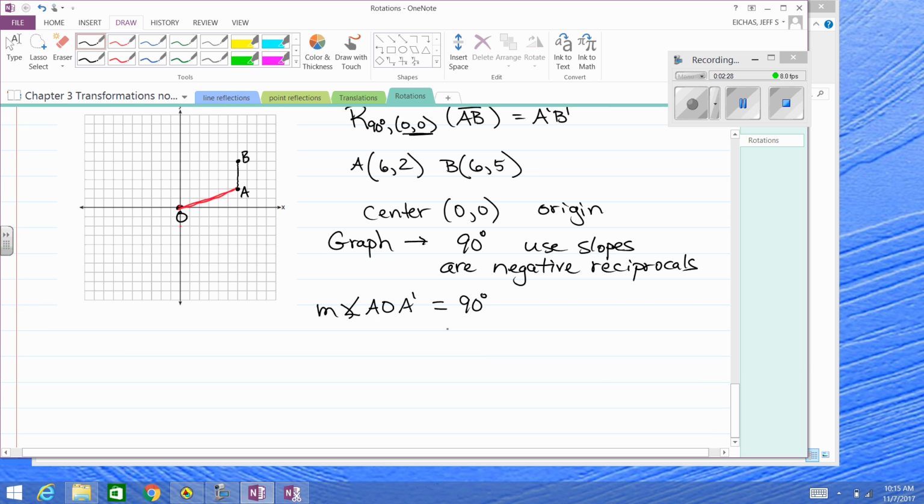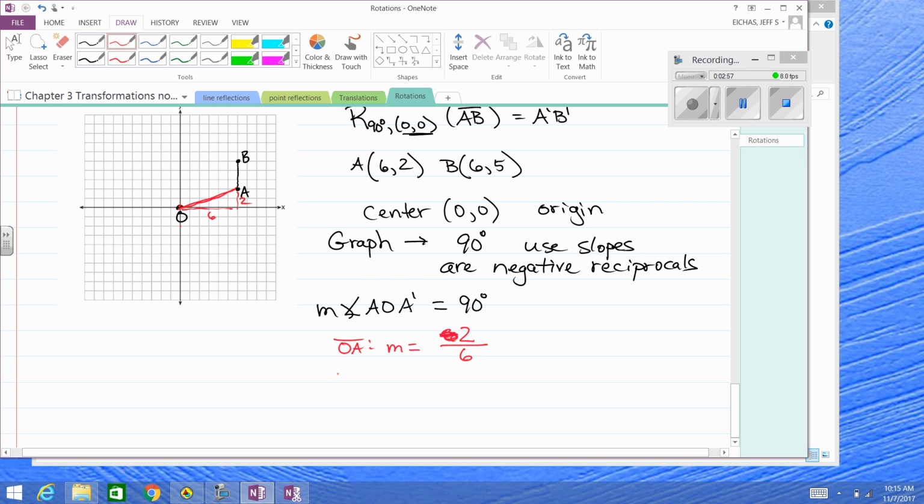So the first thing I'll do now is calculate O to A's slope. O to A has a slope that looks like a run of 6, a rise of 2, and it's positive. A run of 6 goes on the bottom, a rise of 2 goes on the top. I'm not going to reduce it, because we have to use the same movements. So we're not going to reduce.